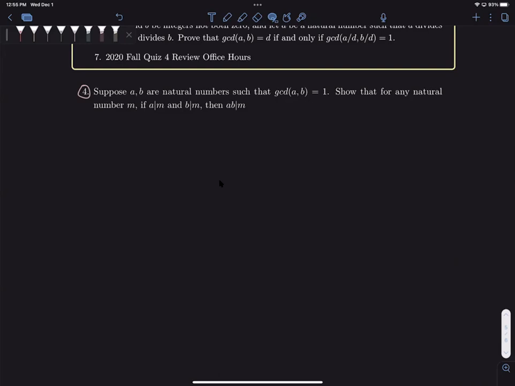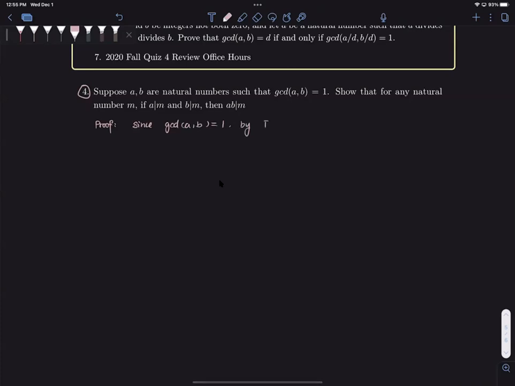Okay, now let's prove it. Proof. Then GCD of A and B is 1.